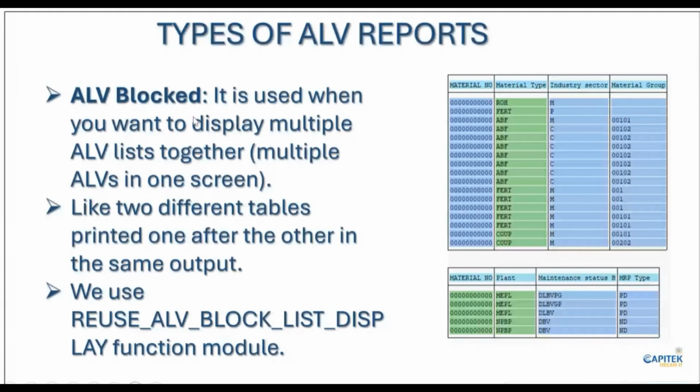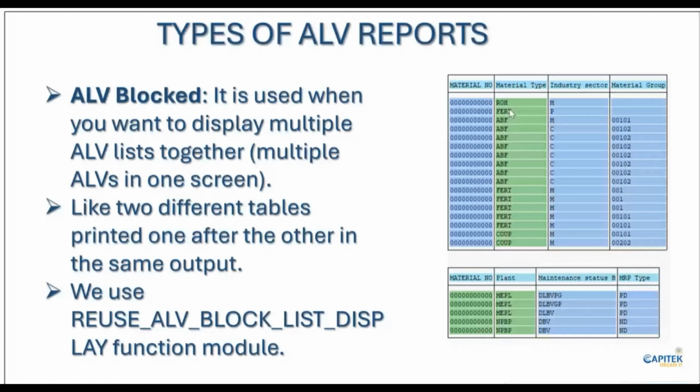So most of the times, talking about real-time environments, generally, when I'm talking about my experience, so far I did not use this with any client. They never proposed, or even I never proposed at any point of time such kind of reports. We always proposed only the ALV grid because it has more features like Excel.